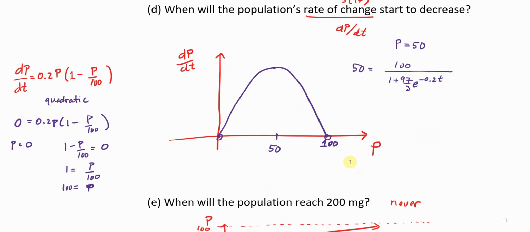But if we do a quick flipping of things, we end up with 97 over 3 e to the negative 0.2t is equal to 1. I'll let you have fun seeing how I got that. So t then is equal to negative 5 times the natural log of 3 over 97.